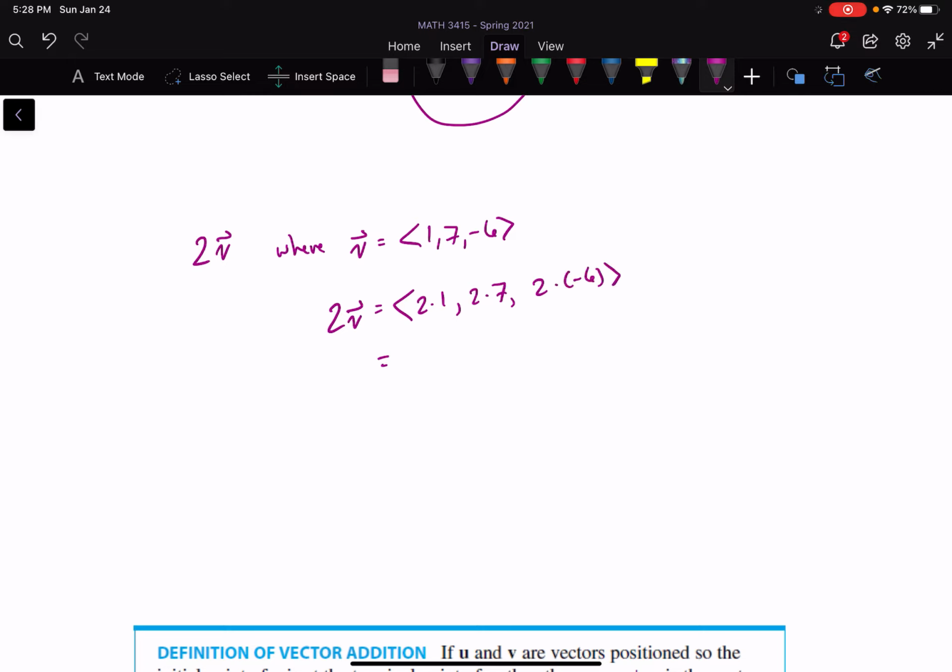So all you do for scalar multiplication is multiply each of the components by the number. And so this is 2, 14, negative 12. That would be 2 times v. Scalar multiplication really doesn't get more complicated than that.